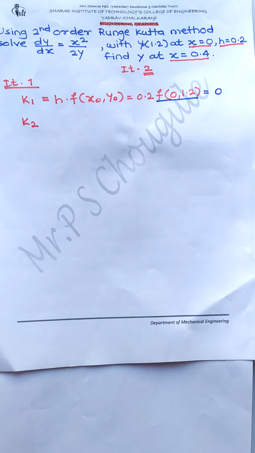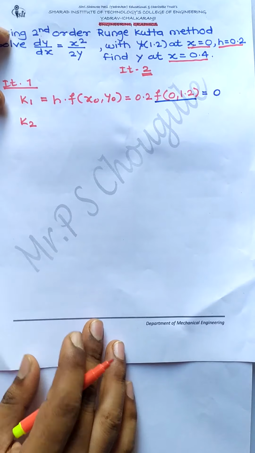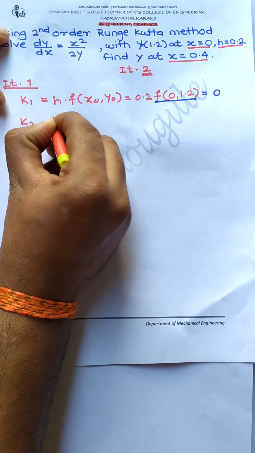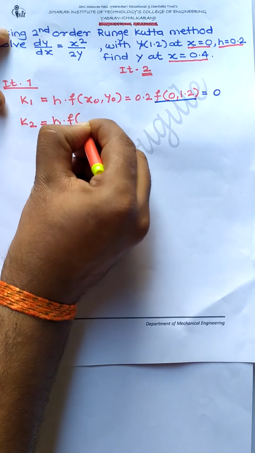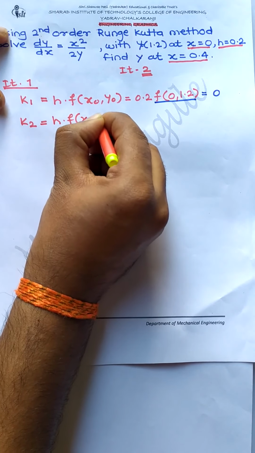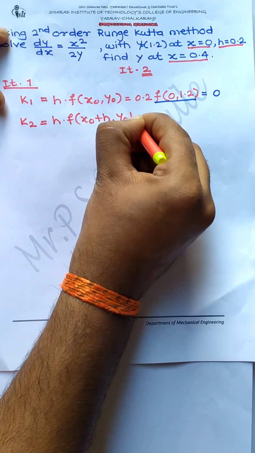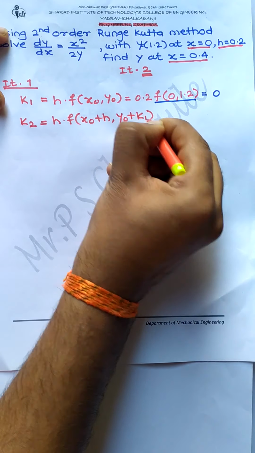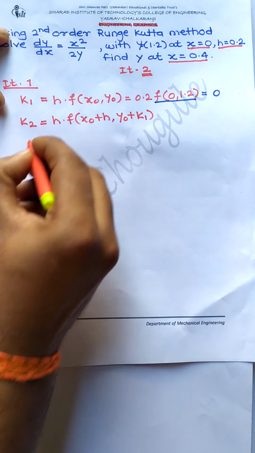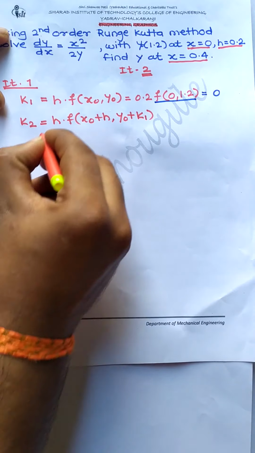Now secondly, the value of k2, which is equal to h into f of x0 plus h comma y0 plus k1. Now I will write here the values.